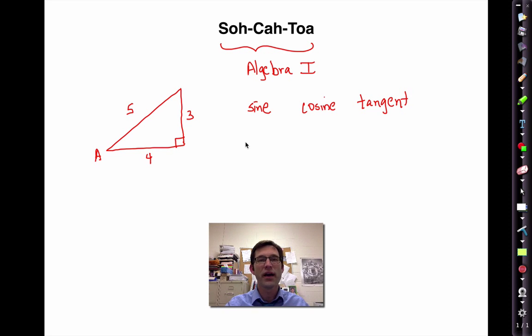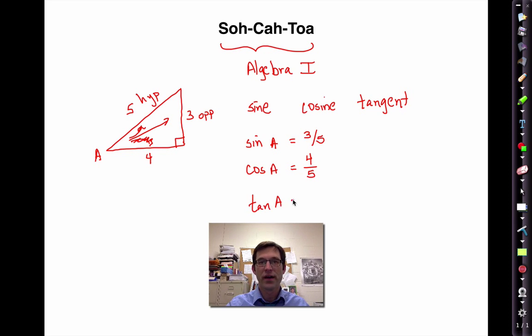The sine of angle A is the side opposite of angle A divided by the hypotenuse. So in this case, the sine of angle A would be 3/5. The cosine of angle A, which is the adjacent side divided by the hypotenuse, is 4/5. And the tangent of angle A, which is opposite divided by adjacent, would be 3/4.